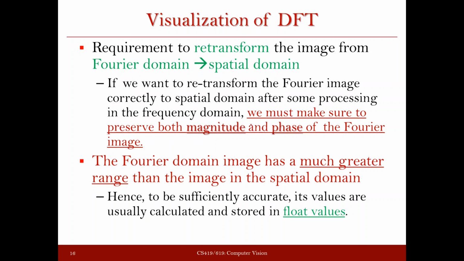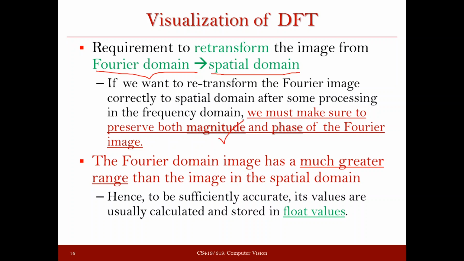Just to reiterate a few things I already mentioned: when you want to reconstruct your signal from the Fourier domain to the spatial domain, you either need the imaginary and real components of the Fourier transform, or you can use magnitude and phase.